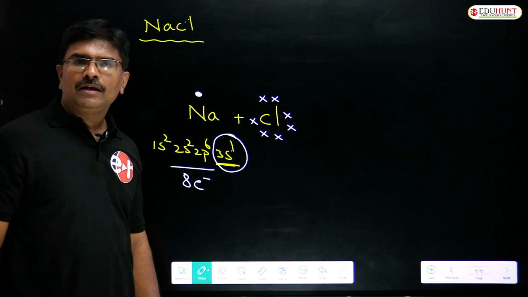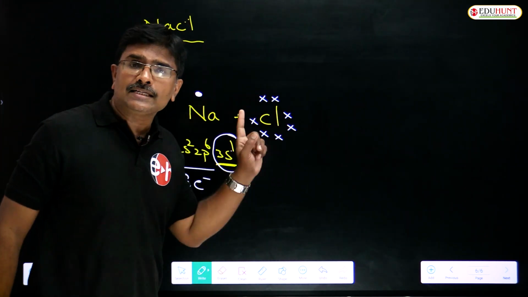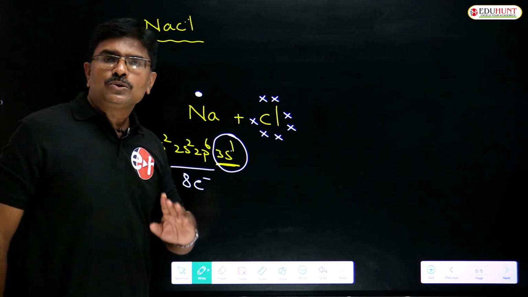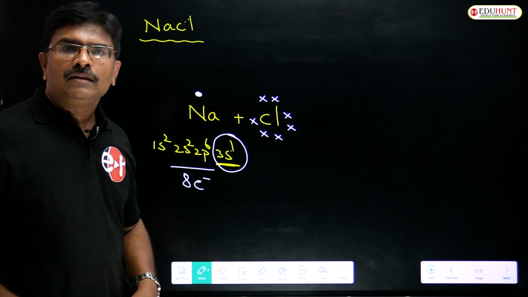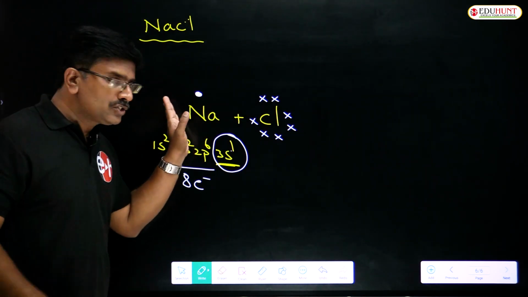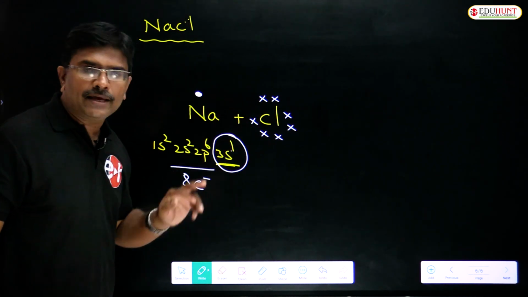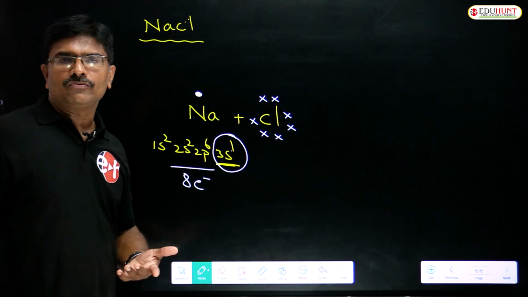Very simple, right? In the similar way, chlorine already has 7 electrons in its valency shell. So to acquire the octet configuration, it requires only 1 electron. That 1 electron that is lost by the sodium is taken by the chlorine atom, and chlorine gets the octet configuration.